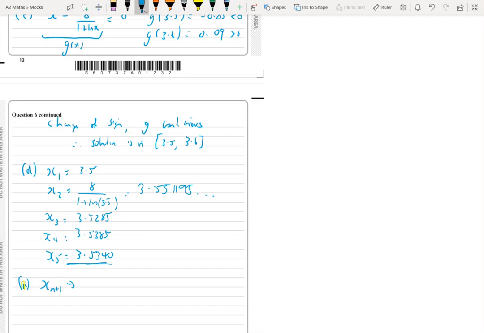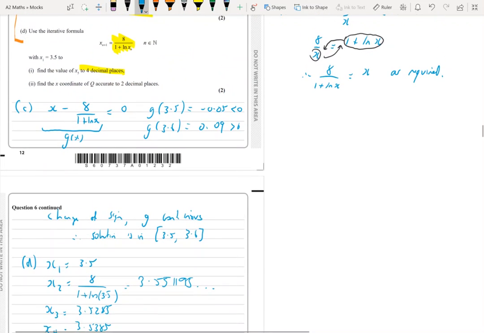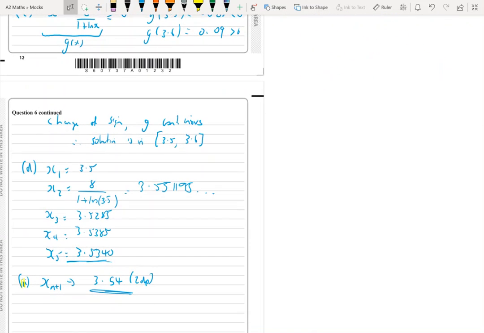On my calculator, if I go down a few more steps, they're converging to 3.54 to 2 decimal places. It's 3.535, which rounds up to 3.54. It's only 1 mark there, so we just need to find that long-term value.